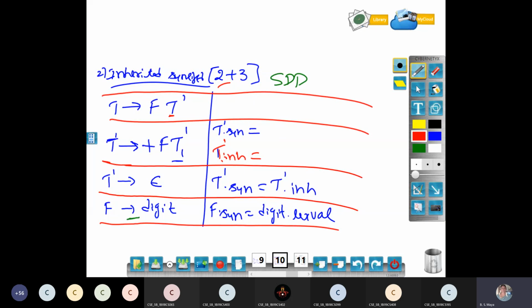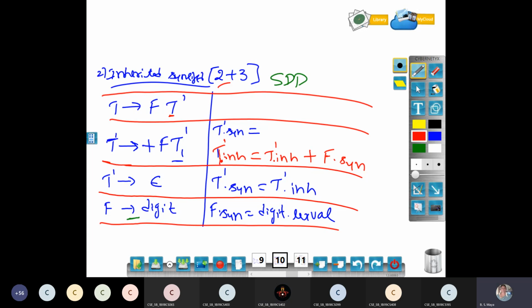From the parent, plus from your left hand side. Once you have inherited from its parent as well as from the siblings, I get INH. What is synthesized?